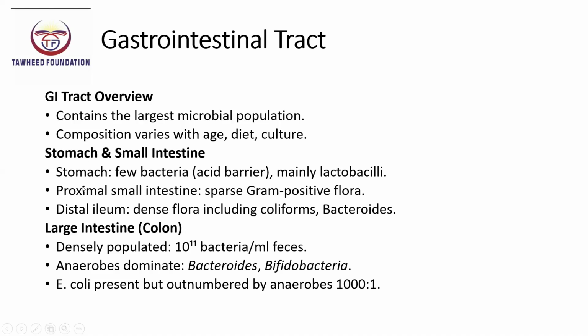In the upper GI tract of an adult human, the esophagus contains only bacteria swallowed with saliva and food. Because of the high acidity of the gastric juice, only a few bacteria can be cultured from the normal stomach.